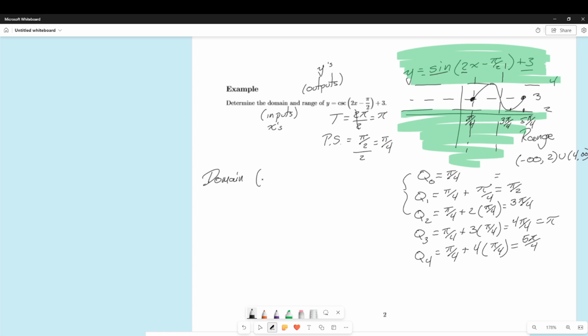So one of them is going to go from pi over 4 to 3 pi over 4.